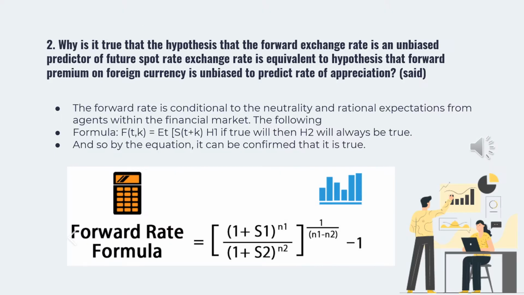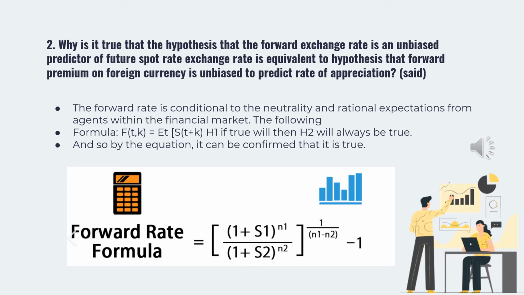So we have two hypotheses. The first is unconditional and unbiased because it holds the expectations of several agents within the market, thus proving its neutrality. The forward rate is also unconditional because of the following formula.